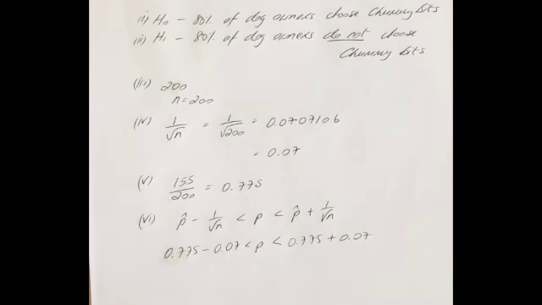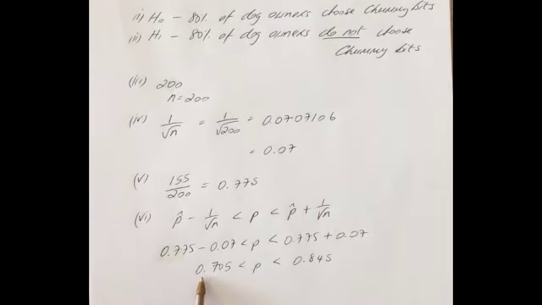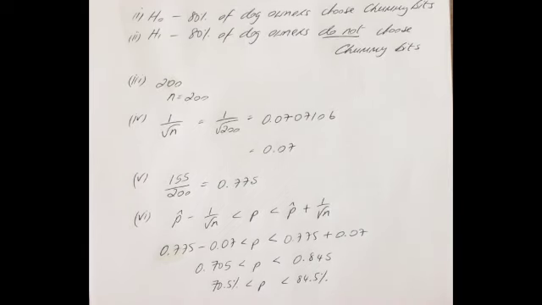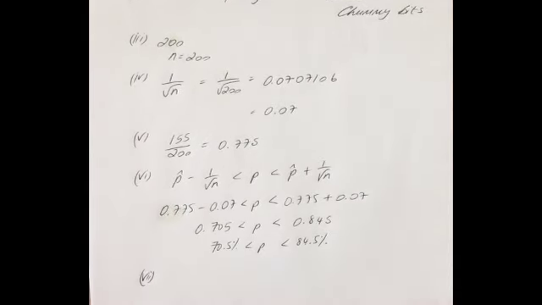So that works out to be 0.705 and 0.845, which is basically 70.5% and 84.5%.